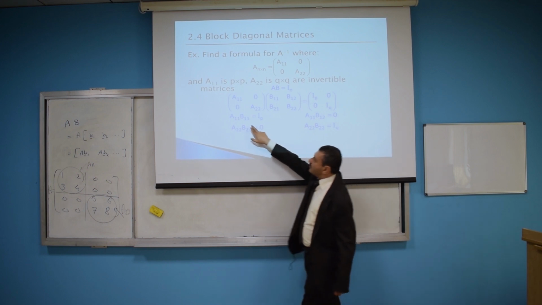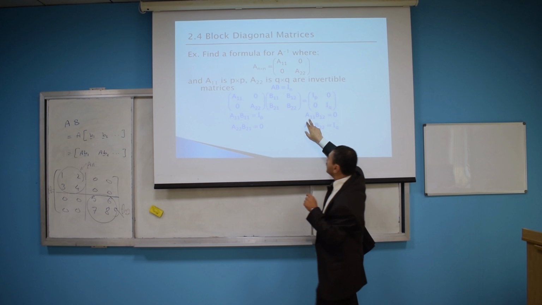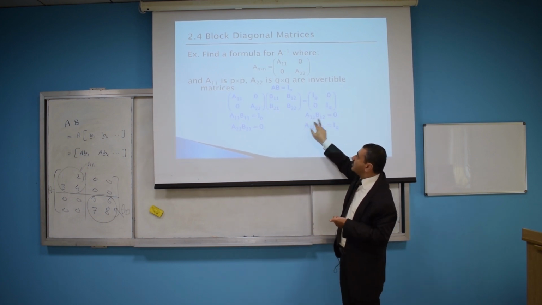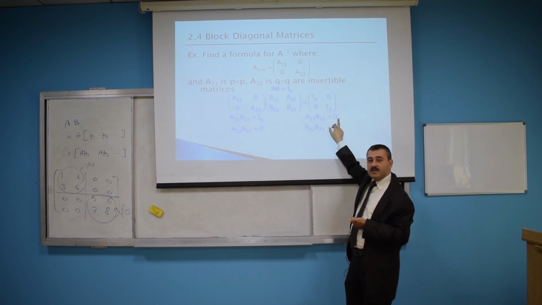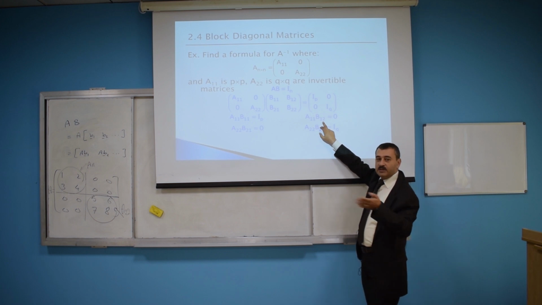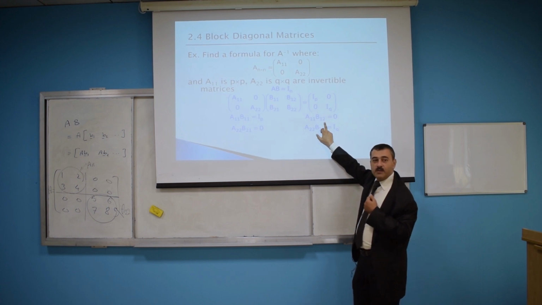And if you know that B11 is the inverse of A11, so the inverse of A11 exists, and A11, B12 equal to 0, which means that B12 equal to 0. You multiply from left by the inverse of this guy, so we'll get B12 equal to 0.